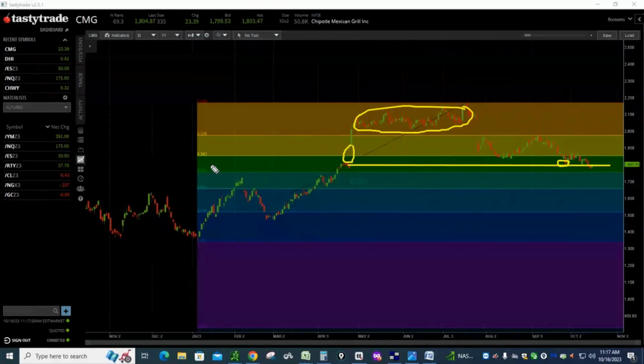Okay, but then the next retracement is that 50% retracement and then the 61.8% retracement. So like 1760 and then basically 1660 to 1665 is my next downside target for Chipotle. So again, hope it helps, but this is a way to use Fibonacci retracements for targets in your trading.